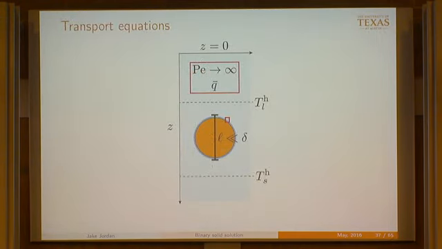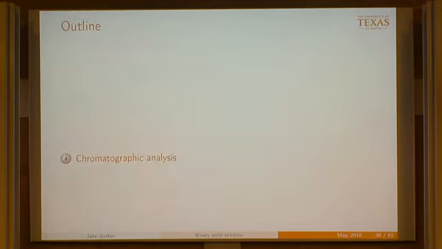So here's where we are. We're at some little heterogeneity whose length scale is much smaller than the compaction length. We've essentially got no diffusion, and we've got a constant upstream melt flux. So now we can actually analyze this system chromatographically, and we do that via solutions to the Riemann problem.